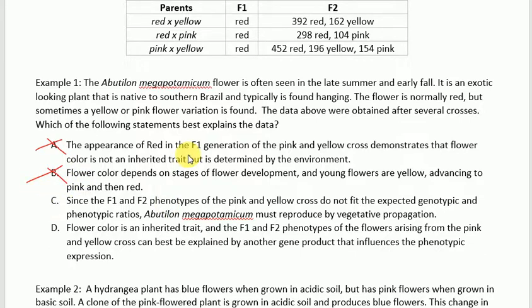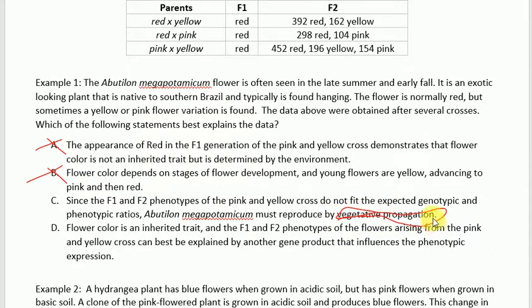C, since the F1 and F2 phenotypes of the pink and yellow cross do not fit the expected genotype and phenotype ratios, the flower must reproduce by vegetative propagation. Okay, this is something that we have never talked about. We will never talk about it because it's not something in AP.